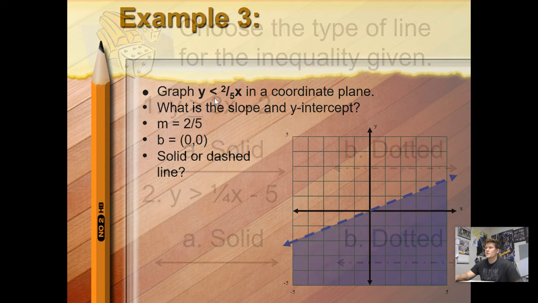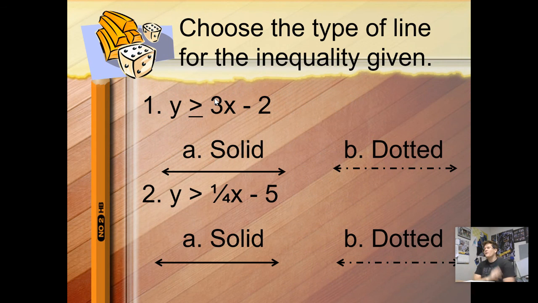Couple last second questions here for you. You have two problems here. All I want you to do is tell me, for number one, is this inequality going to have a solid or a dotted line? For question number two, is this inequality going to have a solid or a dotted line?